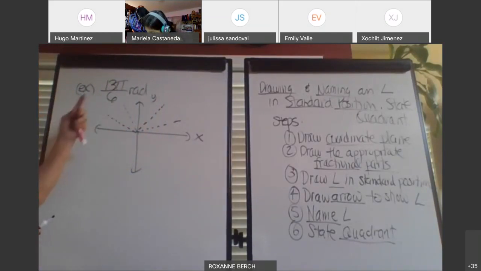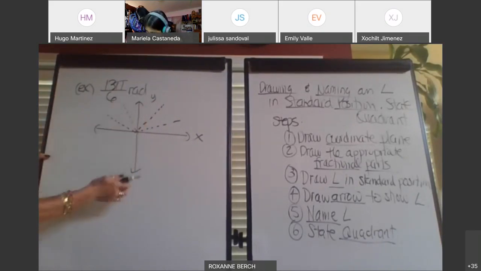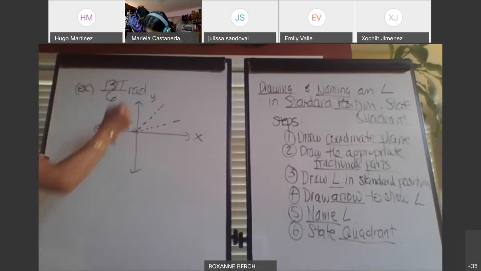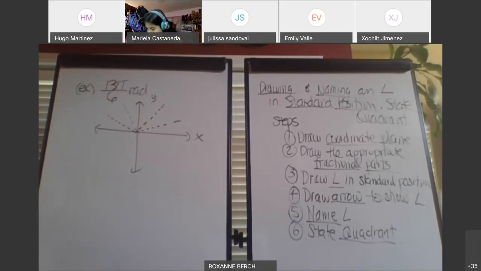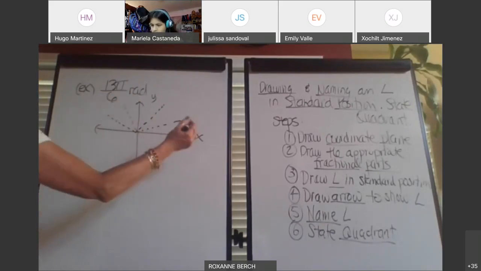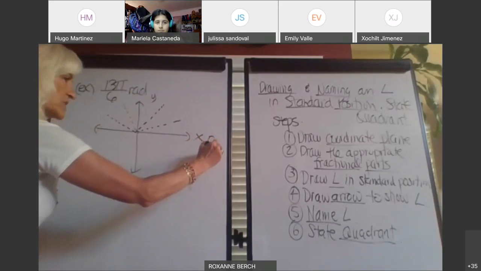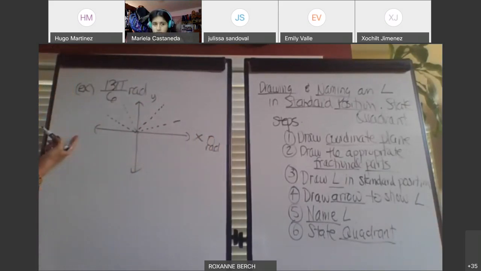So see, sometimes with the even denominators, we can keep the vertical axis. Other times, we just want to erase it because it's confusing having it. Now, since you notice that this is an improper fraction, this is going to be 0 radians over here, which means over here is going to be 6 pi over 6 radians.